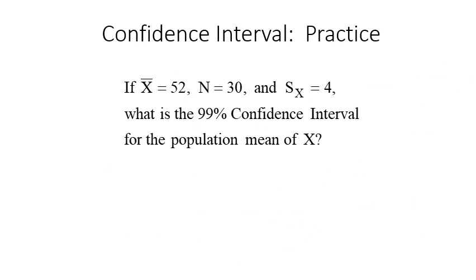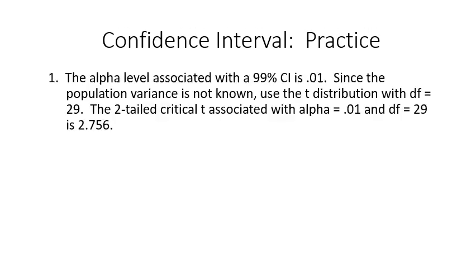All right, let's do one more example. Instead of a 95% confidence interval, let's do a 99% confidence interval. A lot of similar things going on here, except now our alpha is 0.01. Our degrees of freedom, n minus 1, is 29. If we go to the t-chart, we get a t-critical of 2.756.